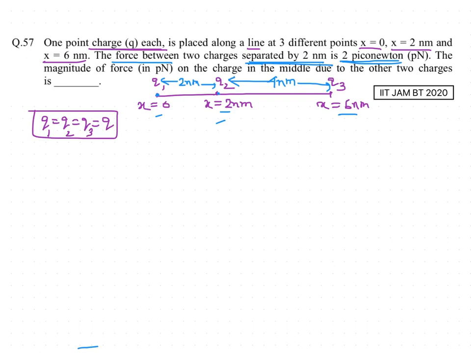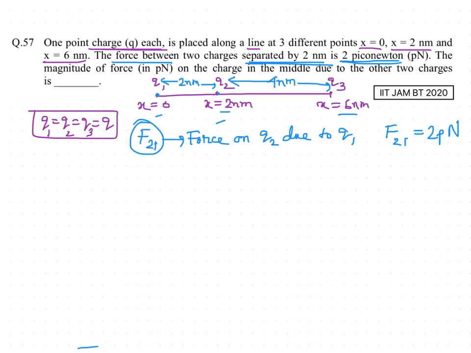Let us write it as the force on Q2 due to Q1, that is F21. So this F21 is equal to 2 piconewton.